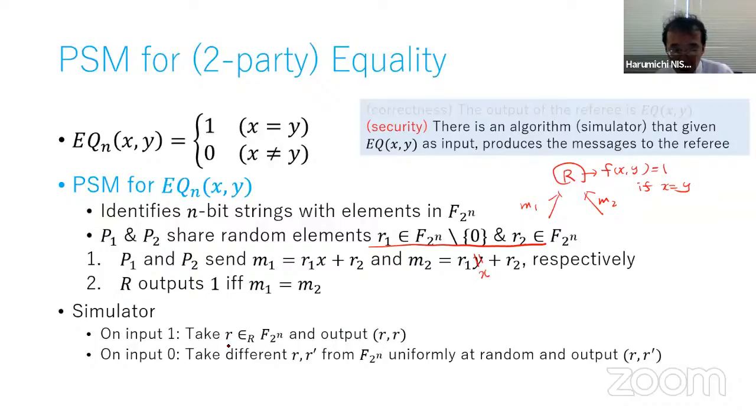So the simulator takes a random element and outputs two copies of it. This is the simulator's algorithm.